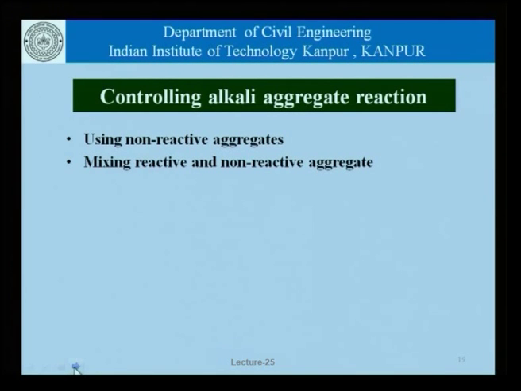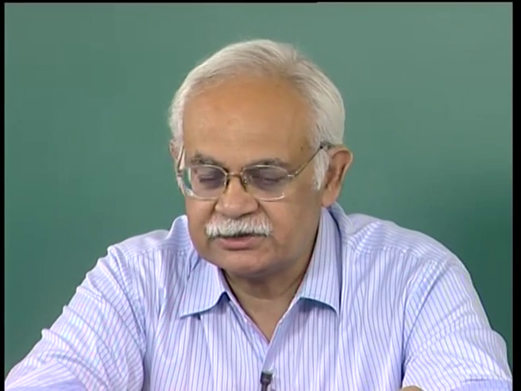Mixing reactive and non-reactive aggregates. Now, this is a very interesting option that emerges as a compromise between economics and technical understanding or technology.